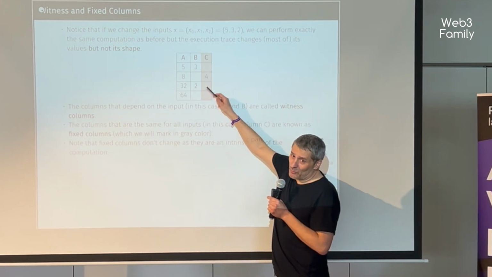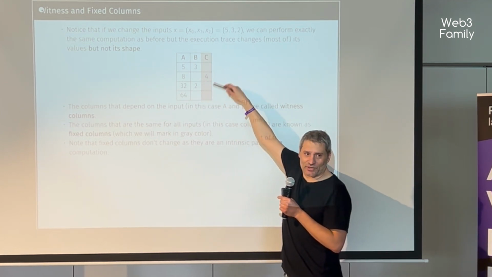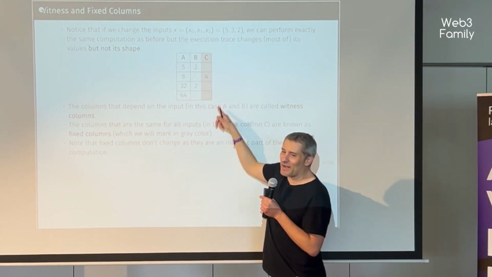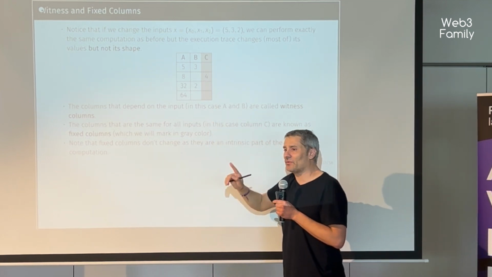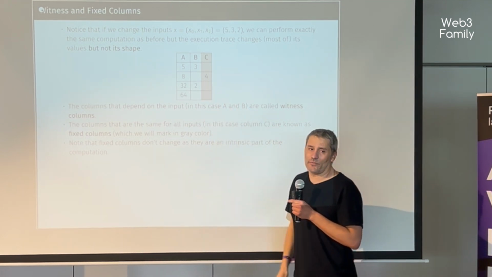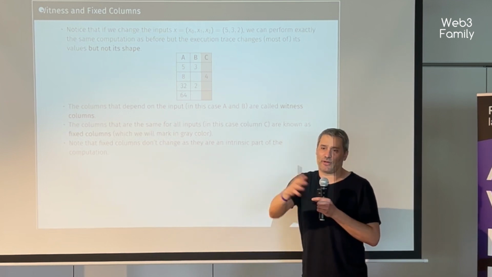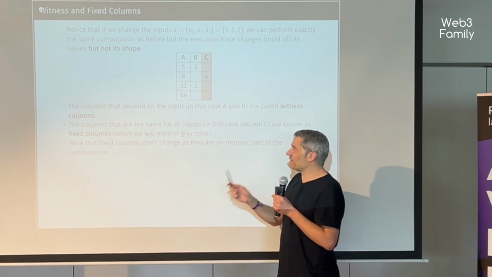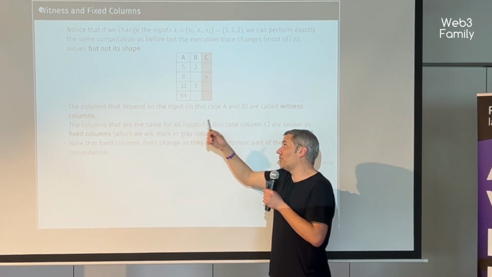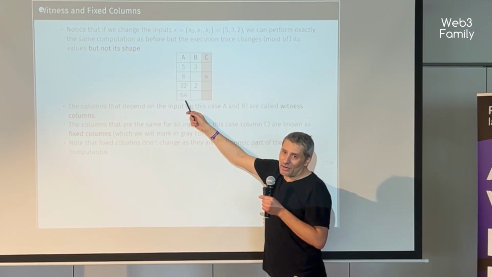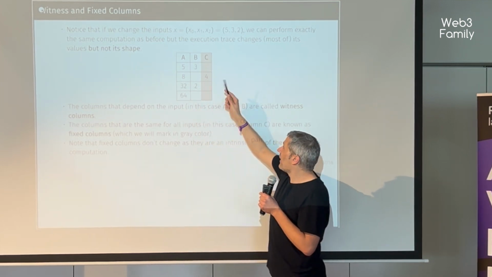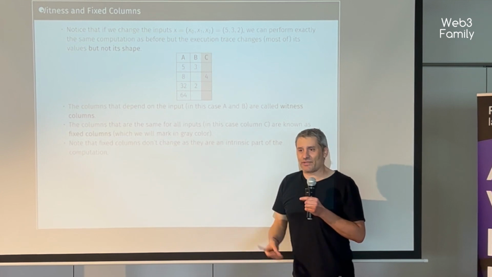We will need to do some things with these columns. We have a bunch of values here, but we will need to convert this bunch of values into a polynomial. So these two you will need to do a lot of processing per proof, while this can be pre-processed.